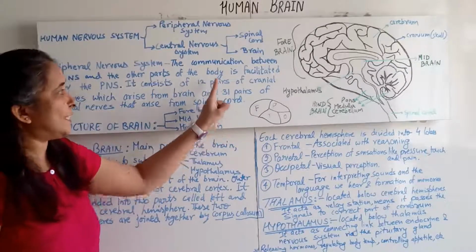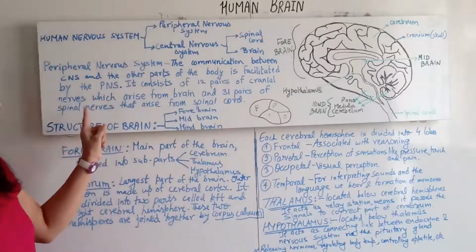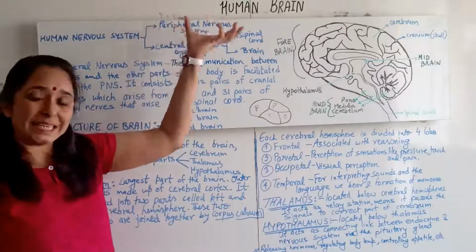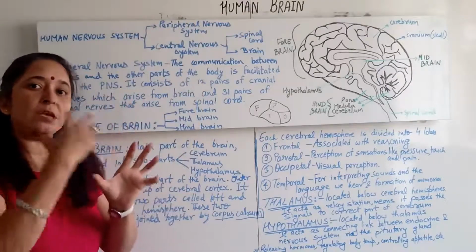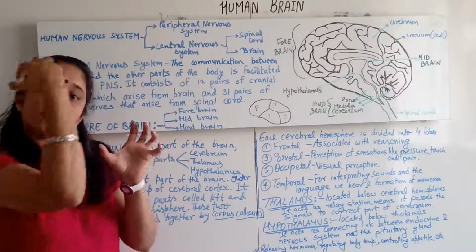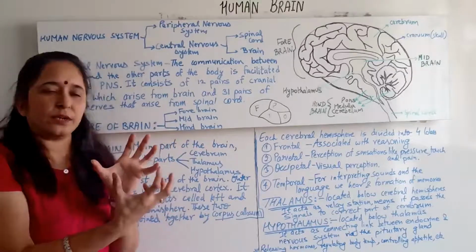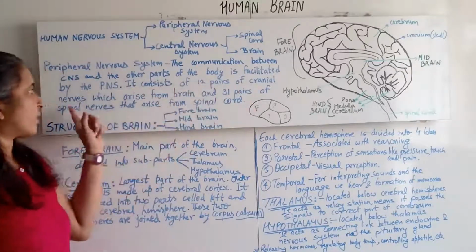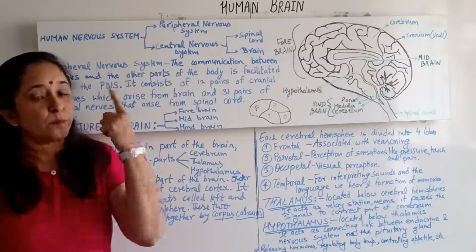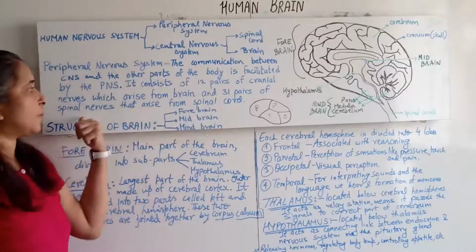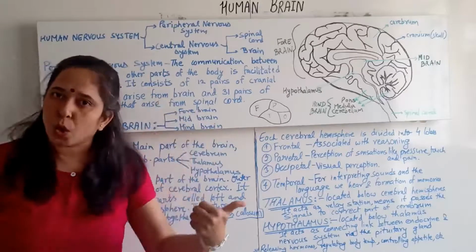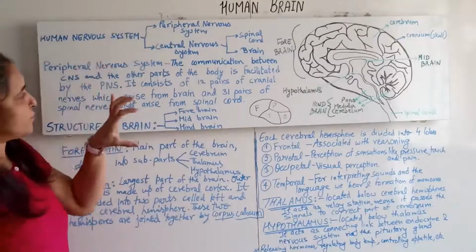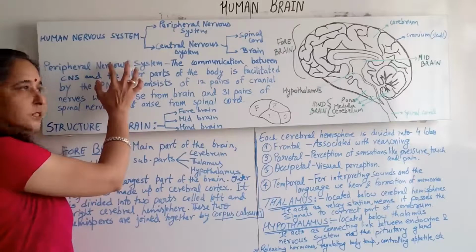So with the help of these two, cranial nerves and spinal nerves, the PNS communicates between the central nervous system and other parts of the body. Fine. So 12 pairs of cranial nerves arise from the brain and 31 pairs of spinal nerves arise from the spinal cord. So this is brief information about the peripheral nervous system.